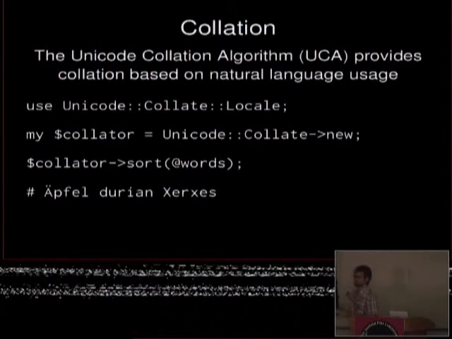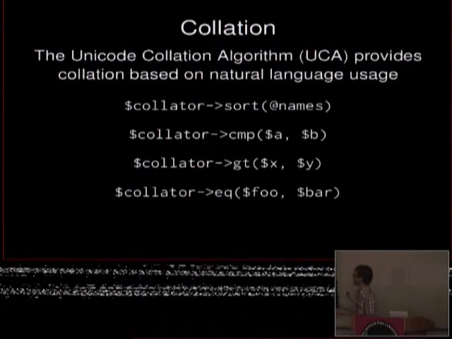So here we're calling the sort method and passing a list to it, and we get a result that we'd like here, with the A with diaeresis coming first. And it has methods for all of the examples I showed earlier, as well as the ones that I haven't showed that are included in Perl core. Here, sort, compare, string greater than, string equality.